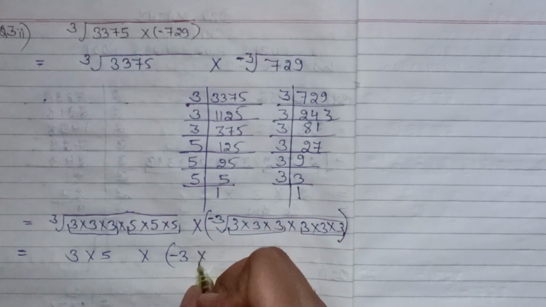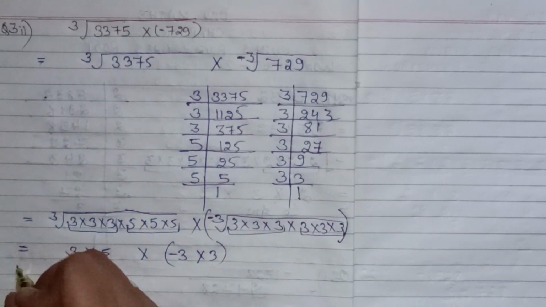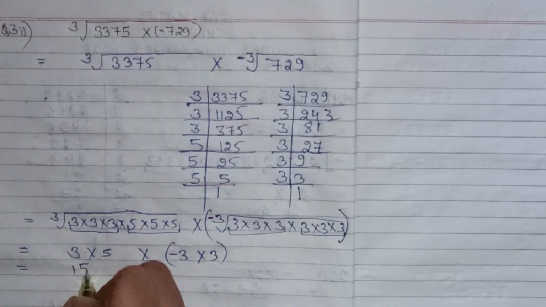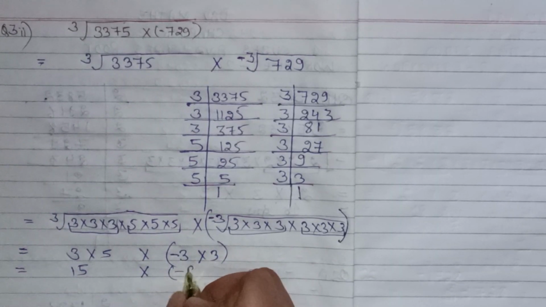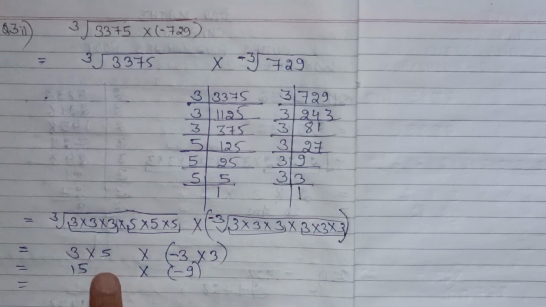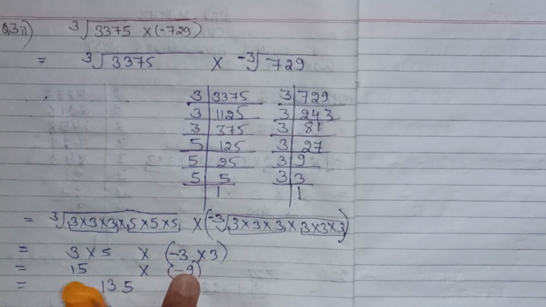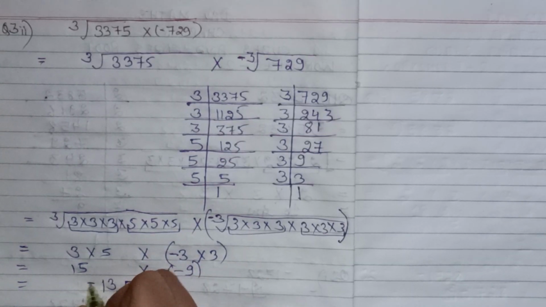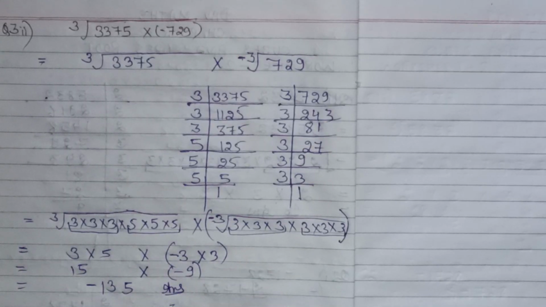Then multiply: from these 3, I write only one number from here, 3. 3 5s are 15, multiplied by minus 3 times 3, minus 9. 5 9s are 45, 4 is a carry here, 9 1s are 9, 9 plus 4 is 13, and here minus is also there. So minus 135 is our answer. So that's all in today's video.